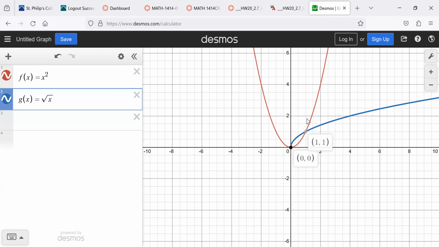So basically, the easy way to tell: every input can have only one output. That's the function definition.